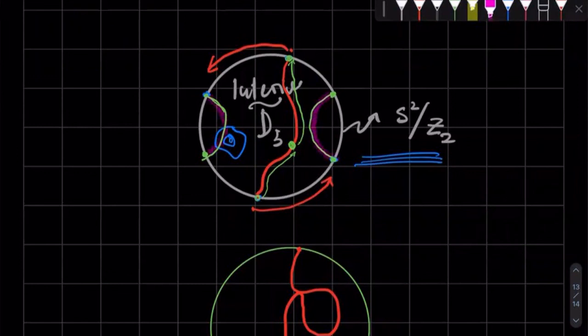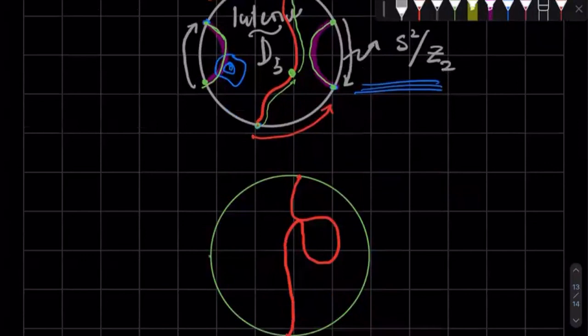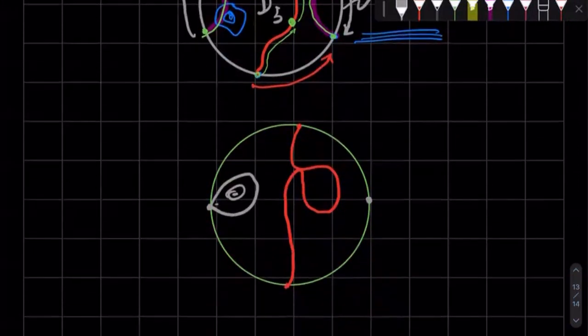This is also a closed curve, but this closed curve can be shrunk to a point, because this point can be moved to this point. When these two points are the same, you just have this, and then it can be shrunk to a point.